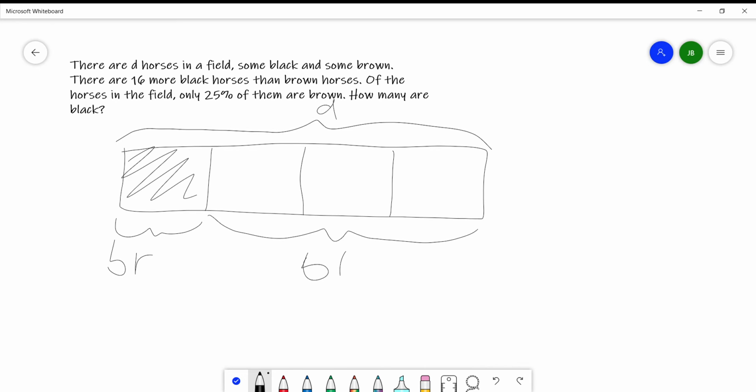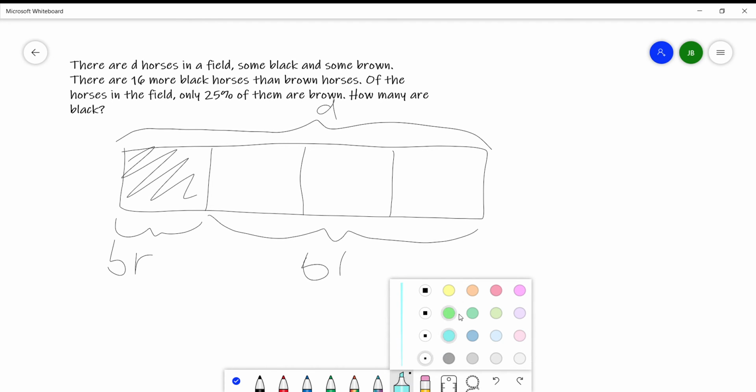They also said that the black are 16 more than the brown. So logically, I'm going to get a highlighter here. There we go. What color are we? I don't know, we'll go with this color.